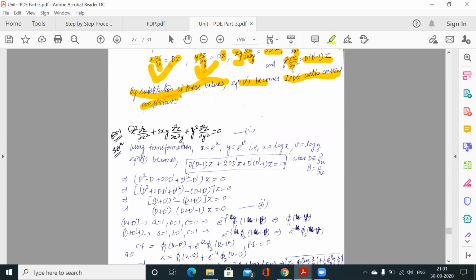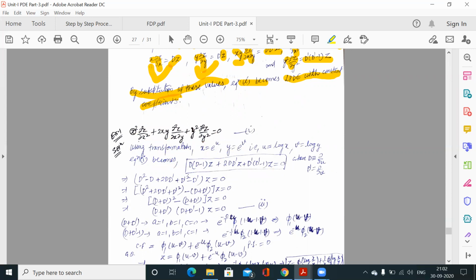Now you can simply solve the equation; the questions are very easy, because for all questions we have the same transformation. Using the same transformation, we can convert any LPDE with variable coefficients into an equation with constant coefficients.